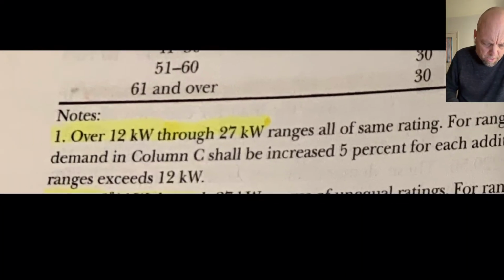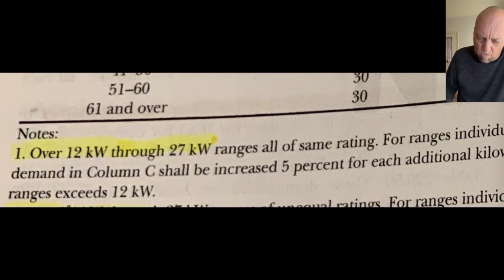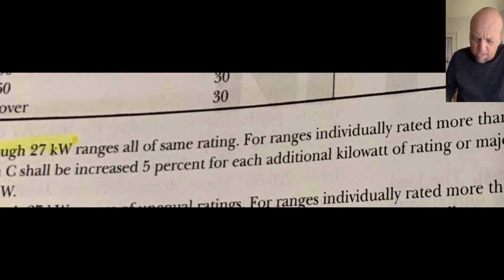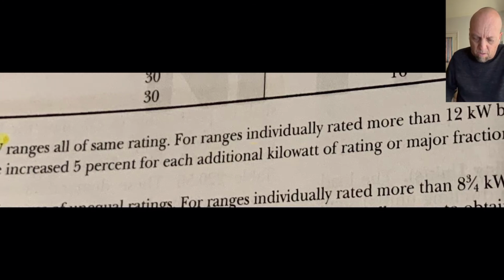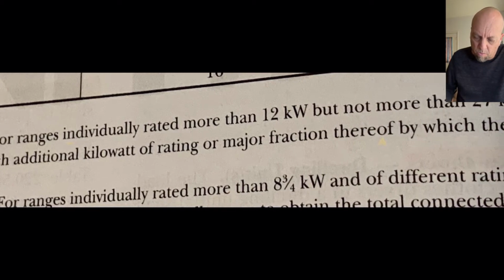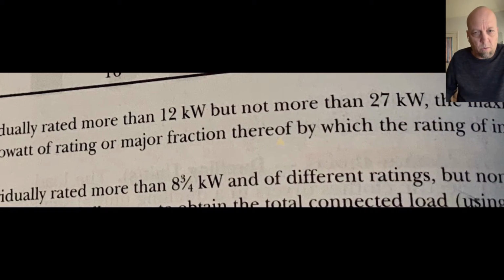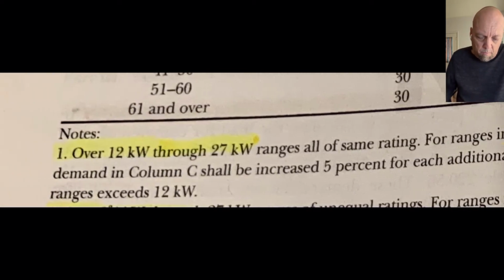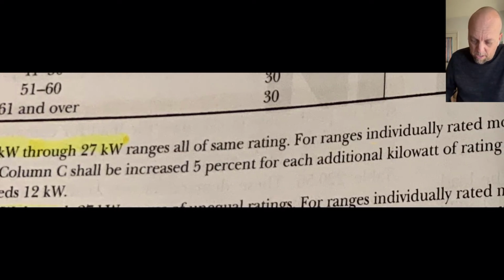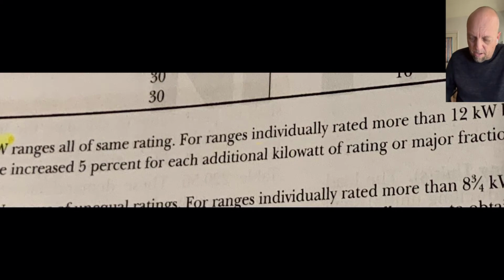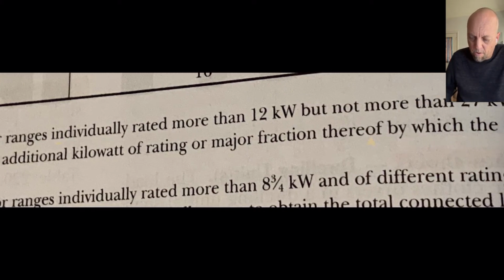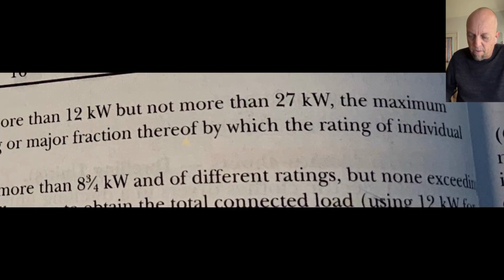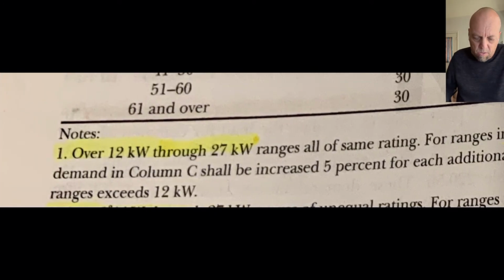So note 1 reads, over 12 kW through 27 kW ranges, all of same rating. For ranges individually rated more than 12 kW, but no more than 27 kW, the maximum demand in column C shall be increased 5% for each additional kilowatt of rating or major fraction thereof, by which the rating of the individual ranges exceeds 12 kW.